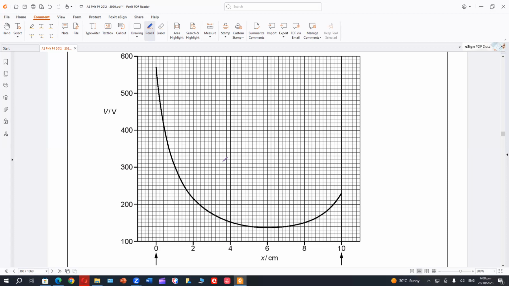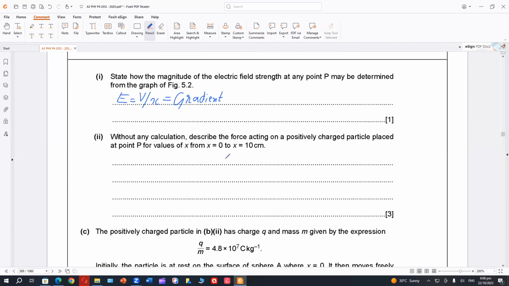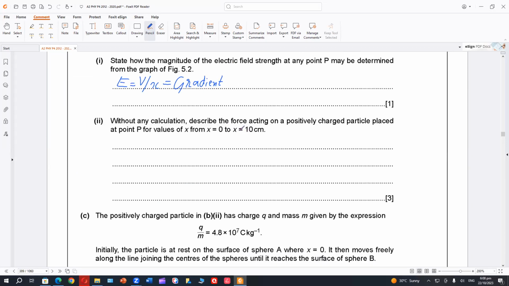I have already told the examiner that the gradient is electric field. Now, do you people remember that? Is there any relation between electric field and force? I want to recall this formula: E is equal to F upon Q. It means E and the force are directly proportional.